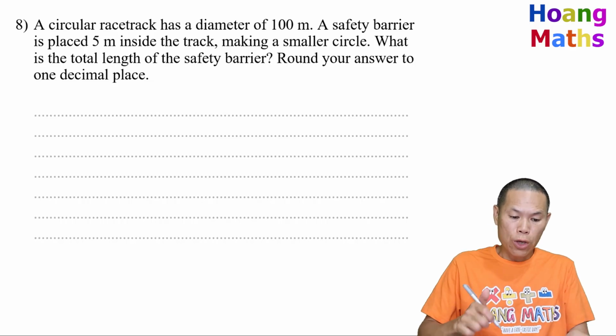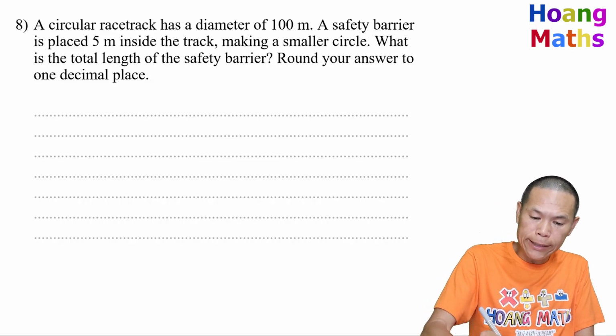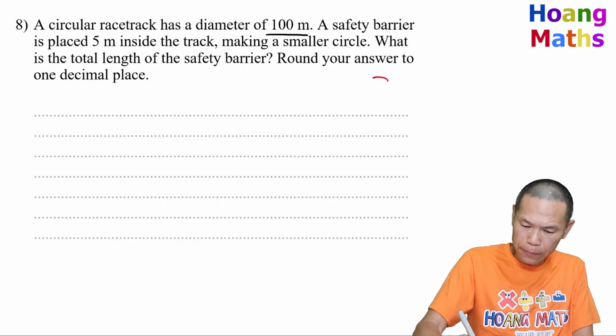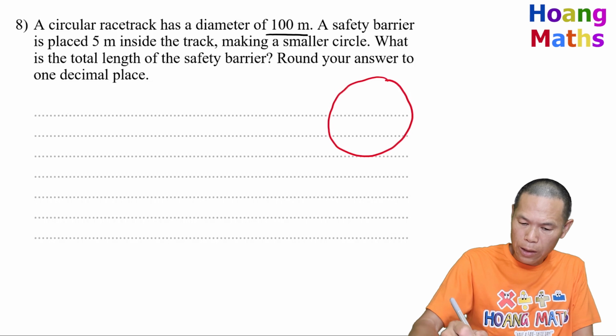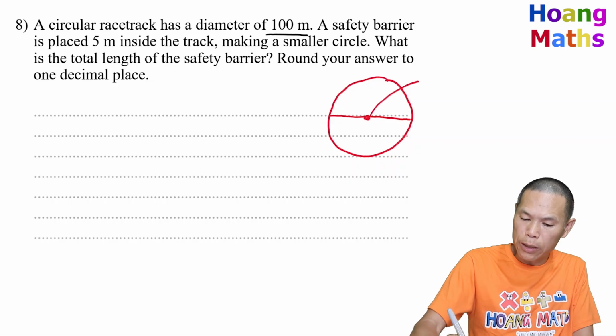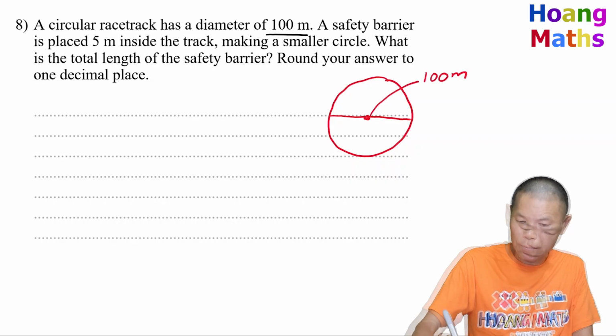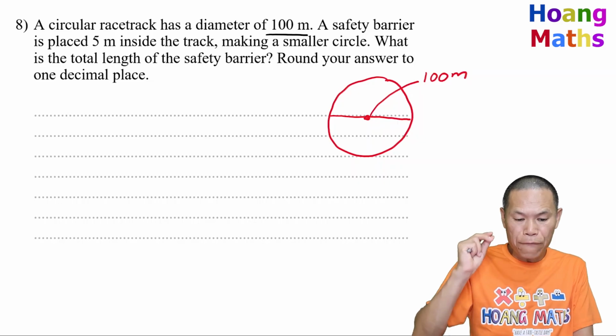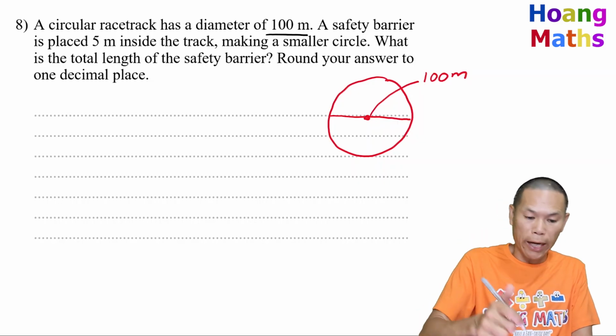First of all, we know the racetrack has a diameter of 100 meters. Let me just draw it out, okay? The diameter from one end to this end is 100 meters. But then a safety barrier is placed 5 meters inside the track.